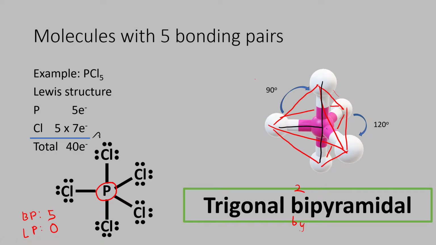Okay. Yes, this T can go this direction ke this direction. Doesn't matter. Because kalau you tengok actually, we have 2 different type of orientation. This is actually an axial and this is equatorial.